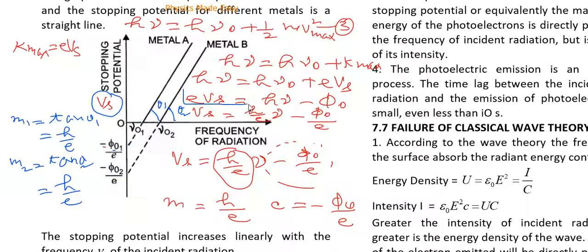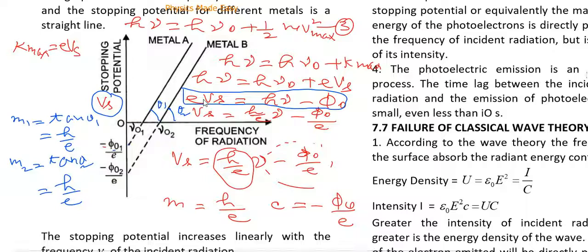Now the second case. In this case, the graph is between kinetic energy and frequency nu. Then the slope gives us Planck's constant and the intercept gives us the work function, in the case where kinetic energy is along the y-axis.